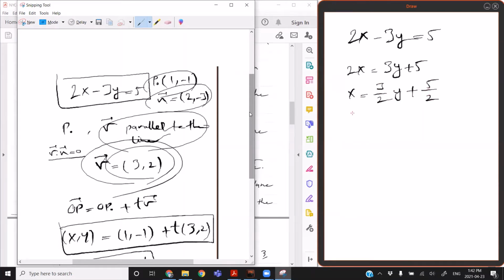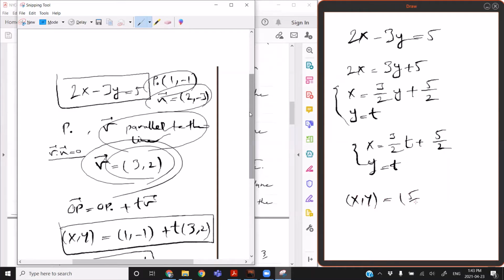And then you would assign a parameter to your other variable. In this case, y is going to be your free variable. So it will have the form x is equal 3 over 2t plus 5 over 2, and then y is t. And the same set of equations I can write as this: 5 over 2, 0 plus t times 3 over 2, 1.